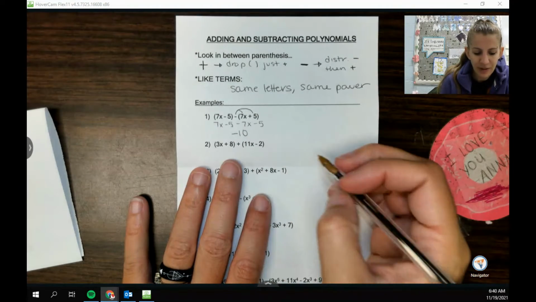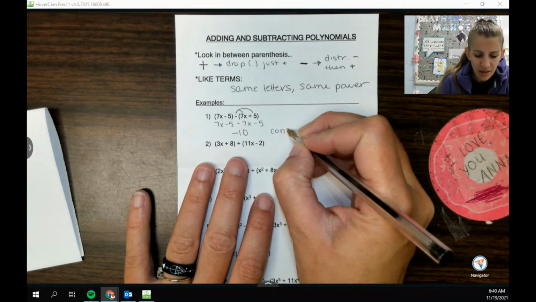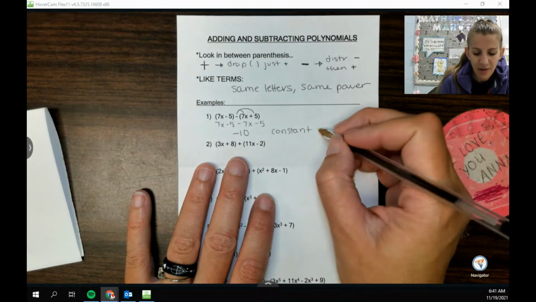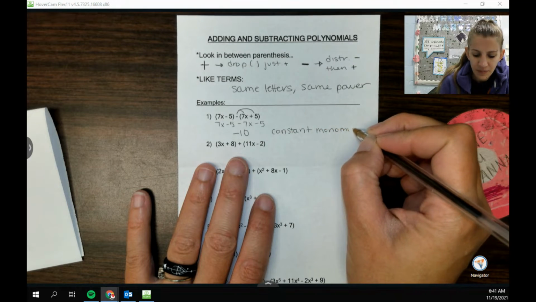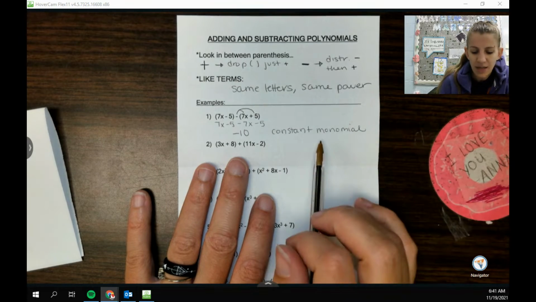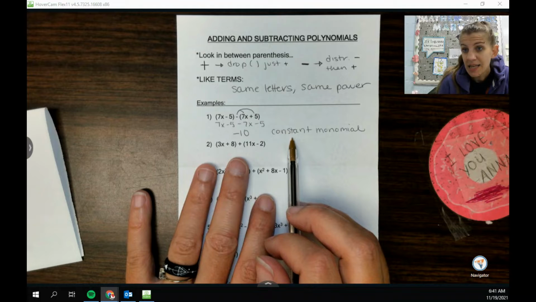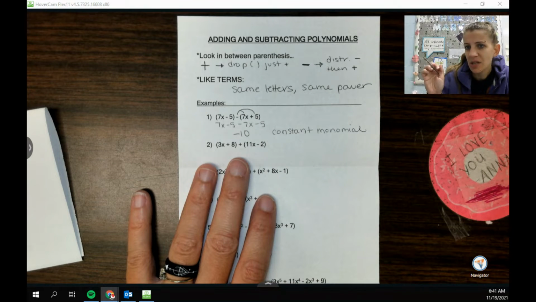So this polynomial right here has a first name of constant and then a last name of monomial. Now the monomial is because I'm just one. Constant is because if you think about graphing this, it's just a flat line. So that's kind of what helps me think of constant.